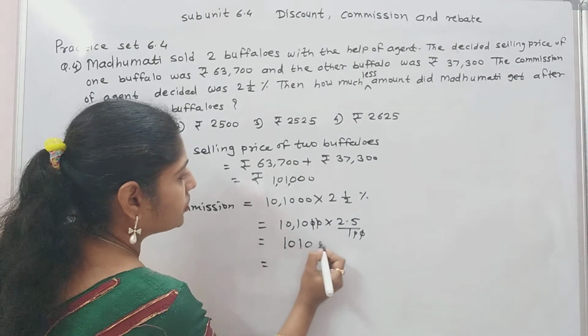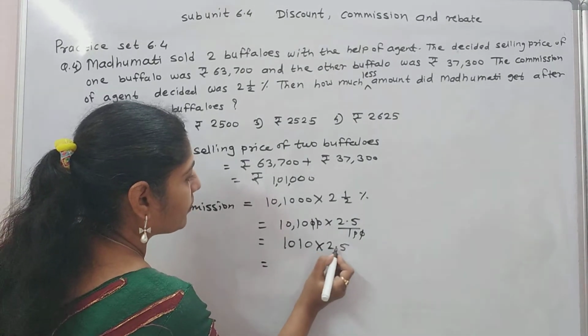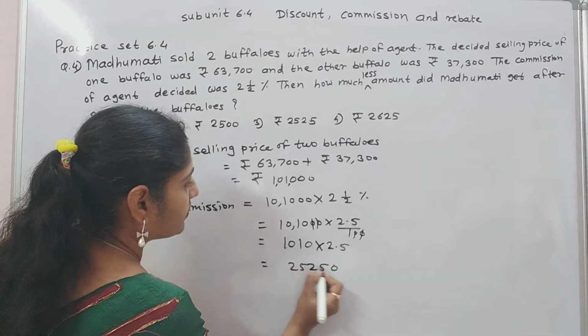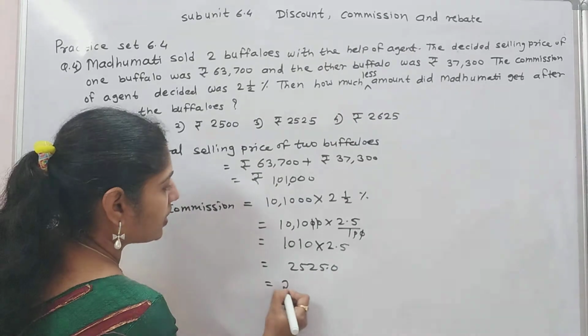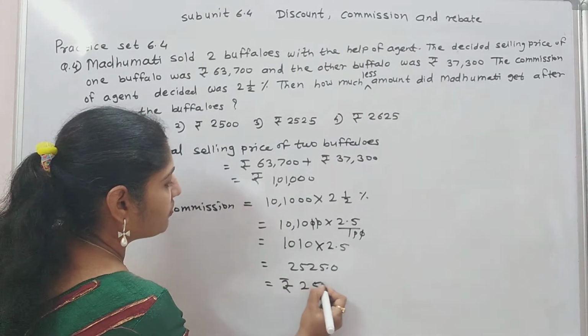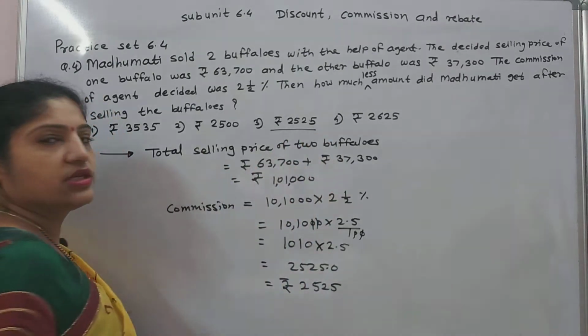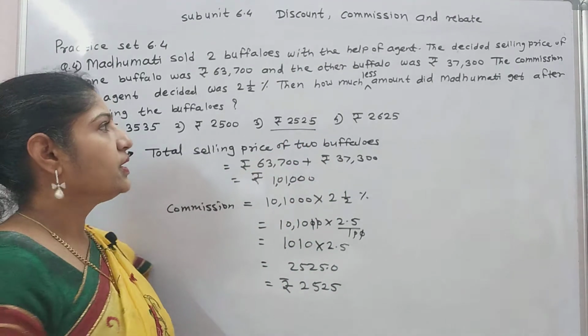One zero one zero into 2.5, 0. Answer is 2525. Answer is option number 3.